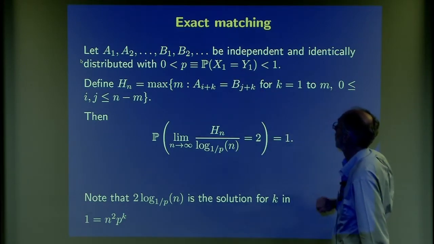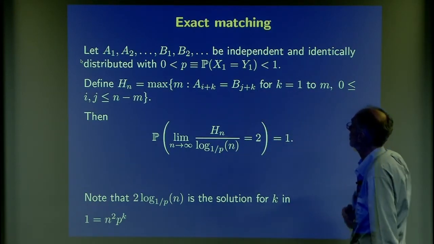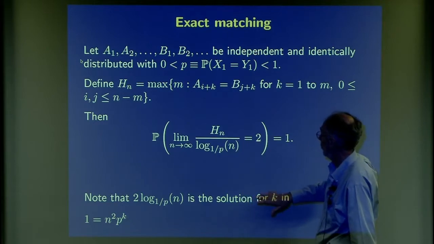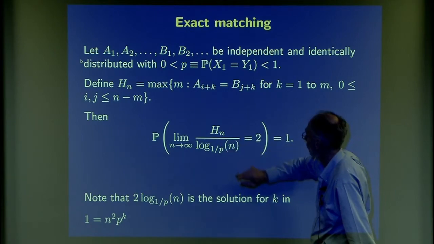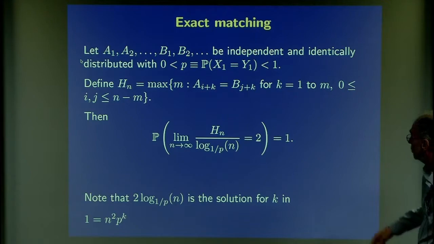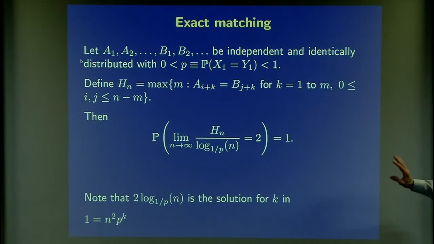P is the probability that the letters are equal, and we're interested in the longest exact match with these random sequences. The law of large numbers is that when you divide the alignment score by log base 1 over p of n, you get 2, where, of course, the 2 comes from intuition. And unlike Dan, I'm not going through the proof of this. It's something you can find easily and read. So there's that.